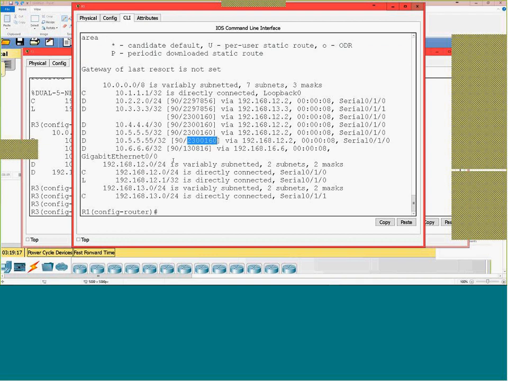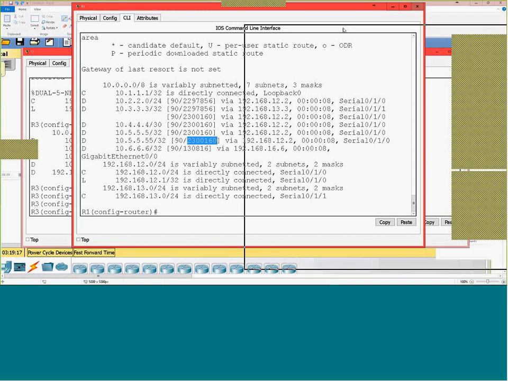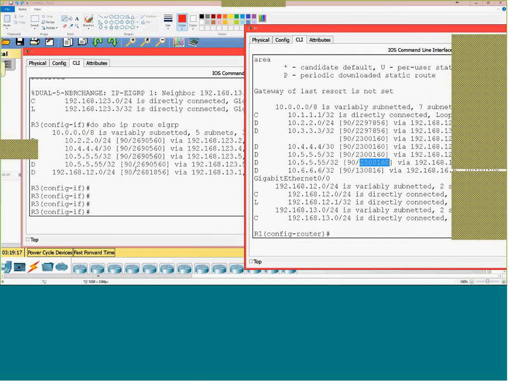It doesn't meet the feasibility condition. The reported distance has to be less than the feasible distance of the primary path. 2690560 is higher than 2300160.